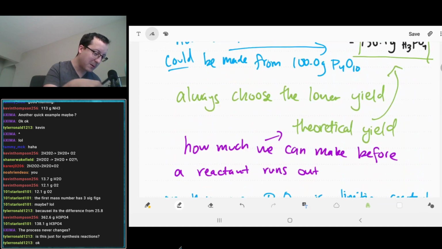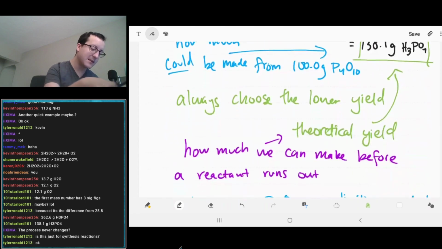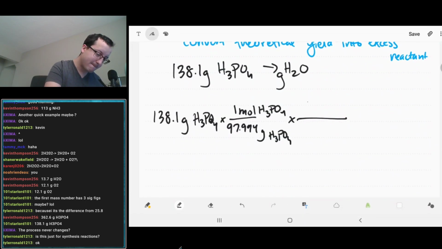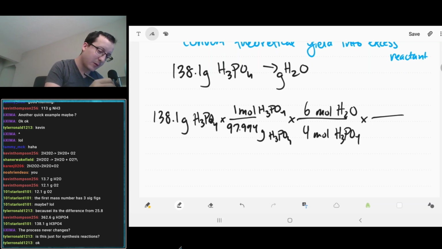I don't remember our reaction coefficients. We had 4 for phosphoric acid, 6 for water. And then we're going to multiply that by the 18.016.